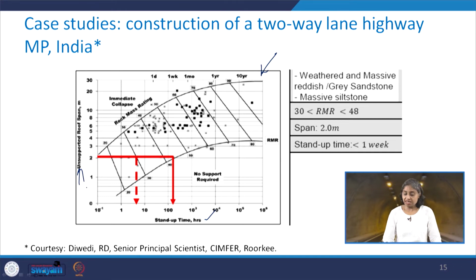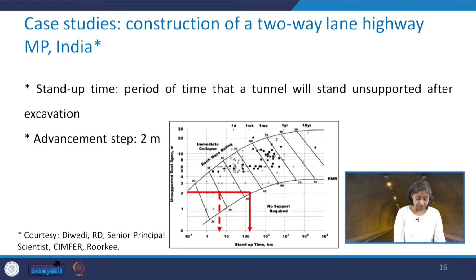In this case, the RMR of this type of rock masses was varying between 30 to 48, and the stand up time at some places was even less than 1 week, and the span we took as 2 meter. The stand up time is the period of time that a tunnel will stand unsupported after the excavation. This we discussed earlier as well.